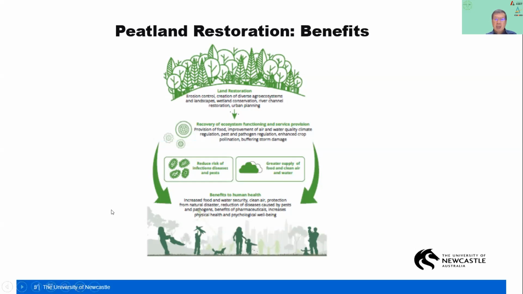In this COVID-19 period, massive destruction of forests is possibly causing some of these viruses to impact animals and then humans. So there's a reduced risk of infectious diseases and pests when we restore peatlands, greater supply of food and clean air, and all kinds of benefits to human health also.